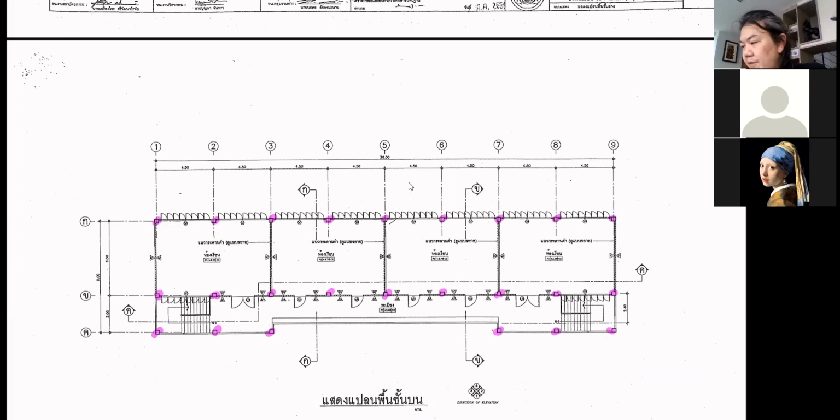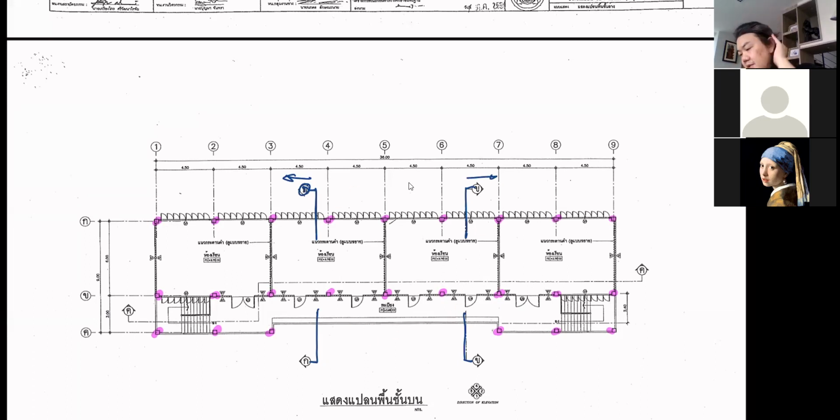From this drawing, you see that they give you two cross-sections here. These two cross-sections don't give you enough information about what's going on here, because the first cross-section looks here, and the second looks there. So we don't know what's going on in the middle.